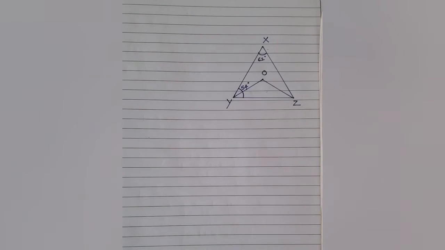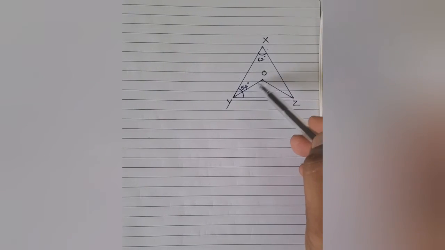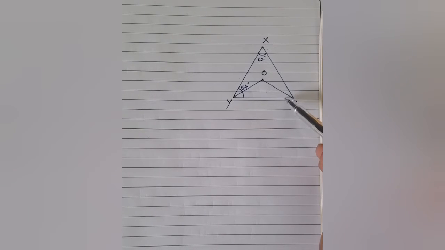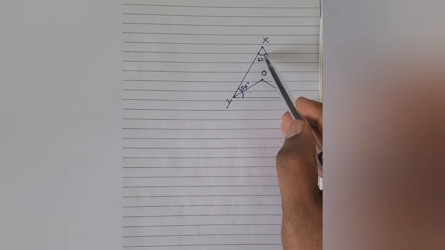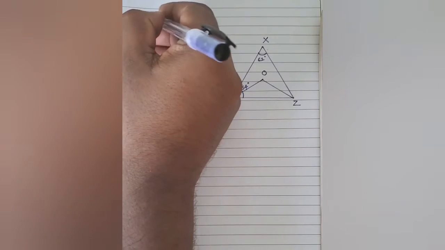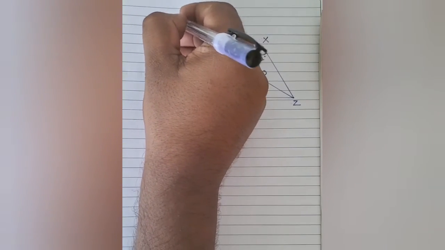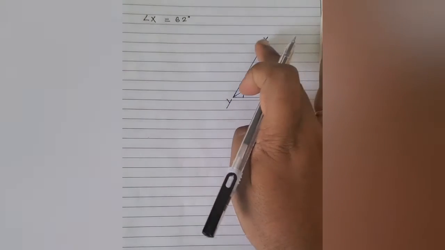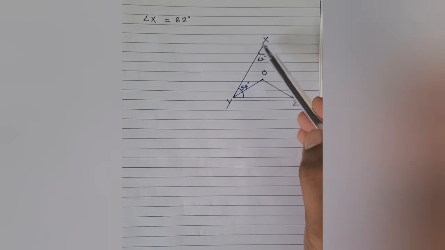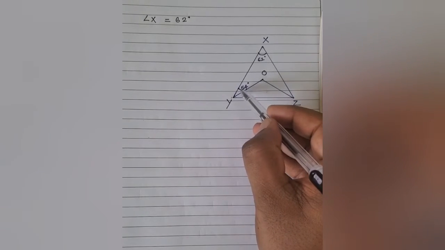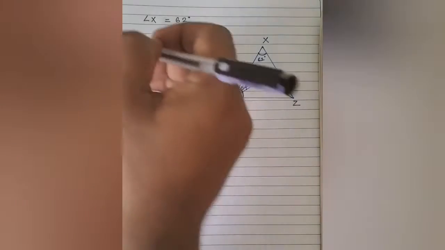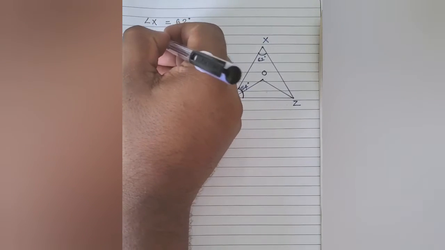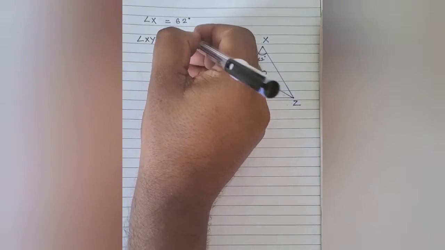Dear students, in the figure we have triangle XYZ and we have another triangle OYZ. Here it is mentioned that angle X is equal to 62 degree. So let me mention angle X is equal to 62 degree. It also says that angle XYZ, which means the whole angle Y, is given as 54 degree.